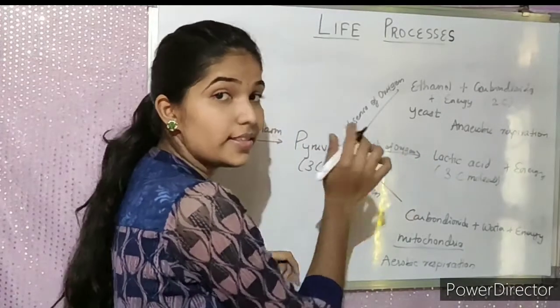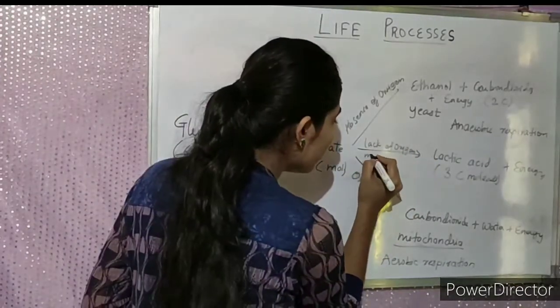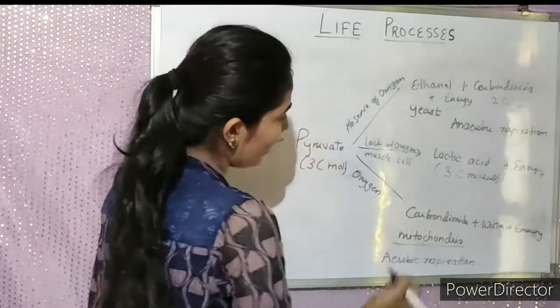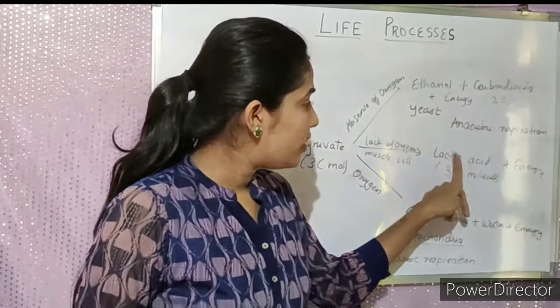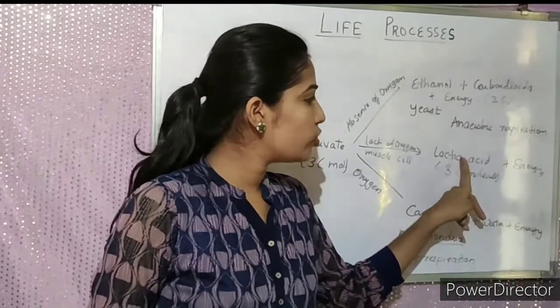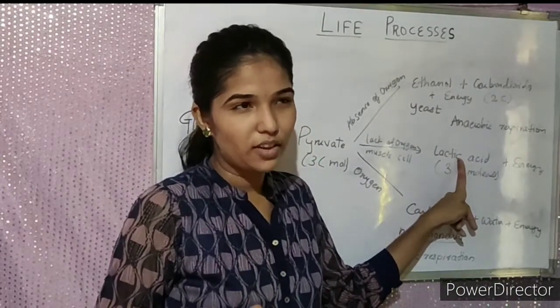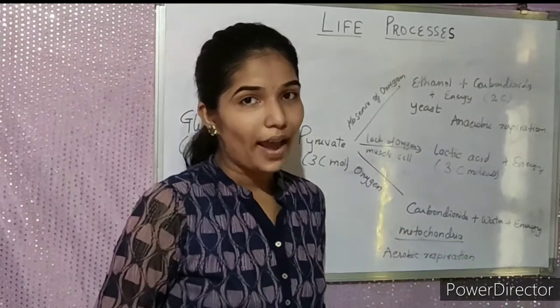And this process takes place in our muscle cells. Because of the production of this lactic acid, there is cramp in our muscle cells while we are running or doing some activities.